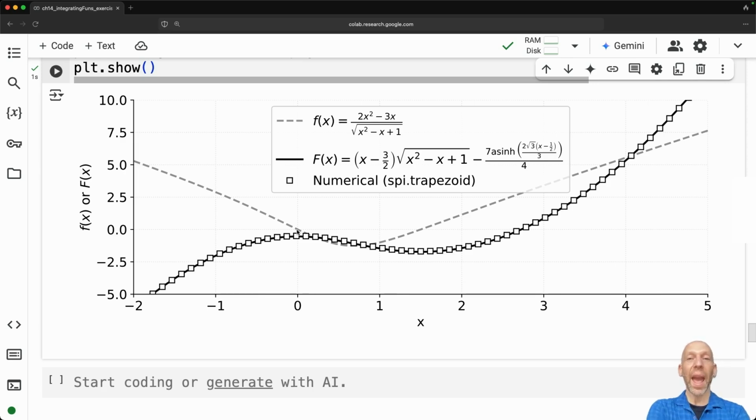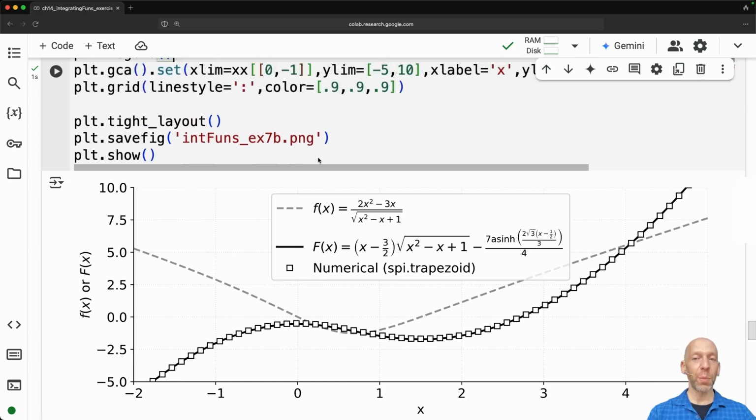That is a correct solution. It is not necessarily the only correct solution because we do not know what the correct solution is. We have this indeterminacy of the constant of integration. So in this case, I chose a constant of integration to make the plot look nice, to show us that the numerical approximation is a good match to the exact value that we can calculate in SymPy.